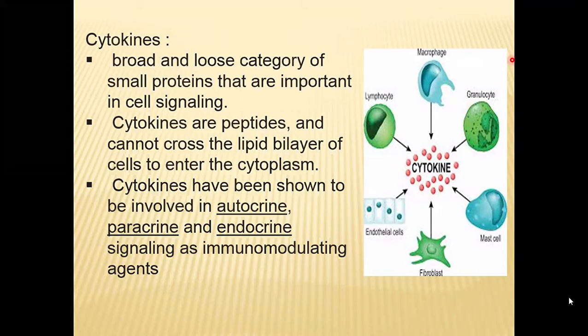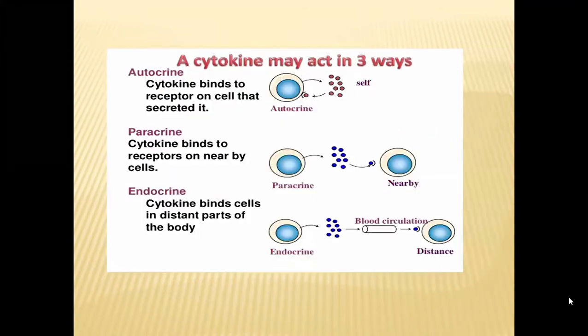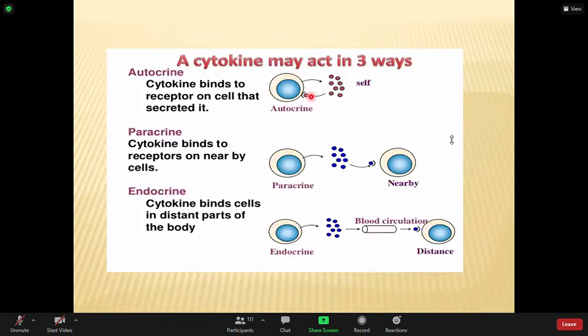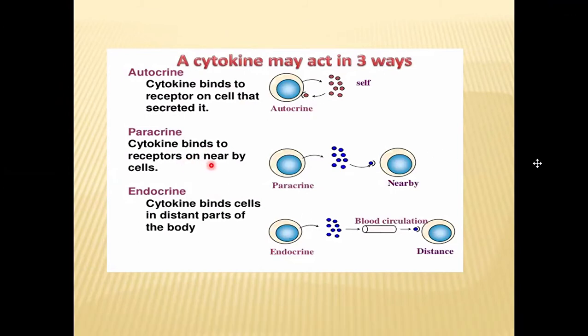Okay, so we'll just continue. A cytokine may act in three ways: autocrine, paracrine, or endocrine. In autocrine, the cytokine binds to a receptor on the cell that produces it. In paracrine, the cytokine binds to a receptor on a nearby cell.